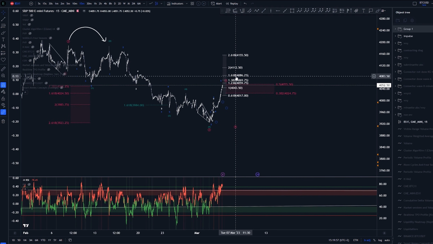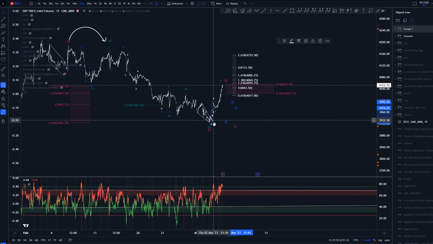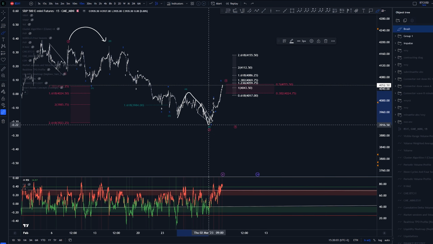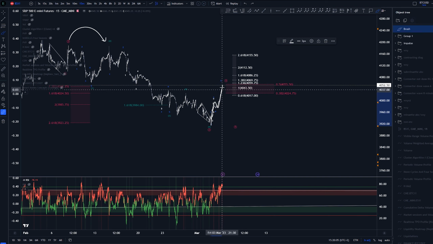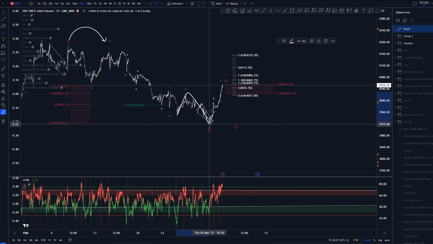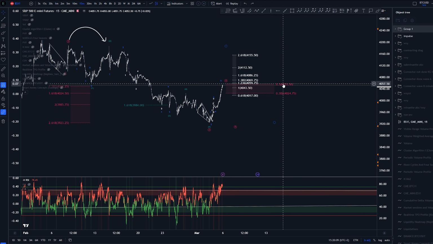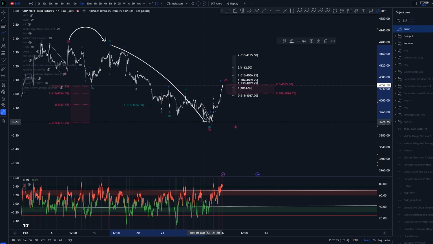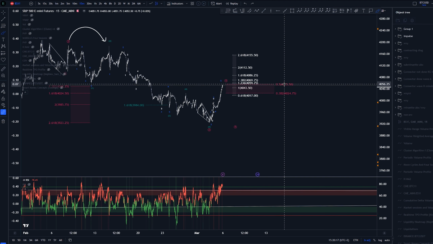Now, as I mentioned, there's a chance that this was a wave 4, like we had it here, or part of a larger wave 4, where this would be a 1, 2, 3, 4, 5 of that ABC. The issue is starting to be this one here, the 0.5 fib. This is again a retracement of a third wave, and if we go beyond that, the probabilities start to shift against this being a wave 4.